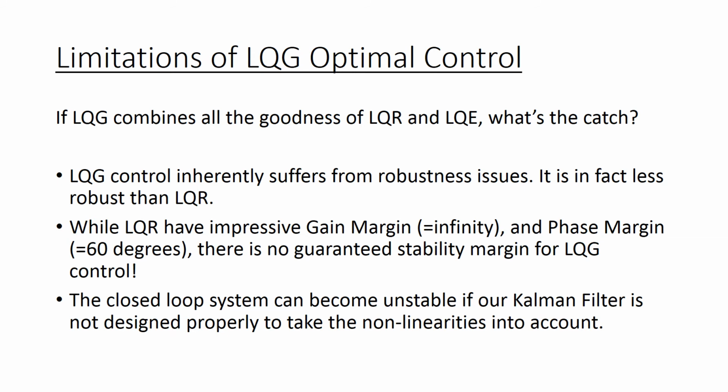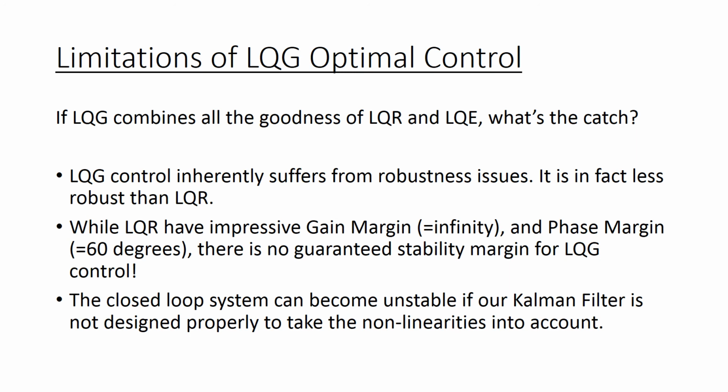So what are the limitations of LQG optimal control? Well, LQG control inherently suffers from robustness issues. It is in fact less robust than LQR. While LQR has an impressive gain margin of infinity and a phase margin of 60 degrees guaranteed, there is no guaranteed stability margin for LQG control.